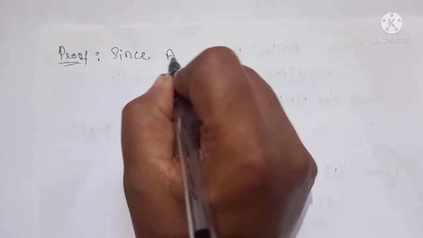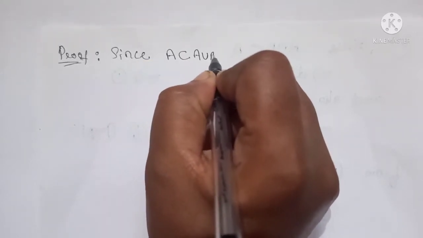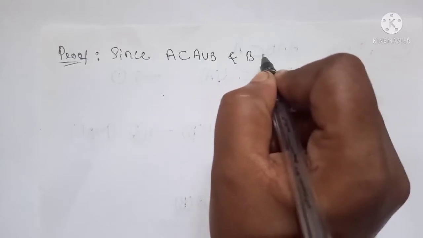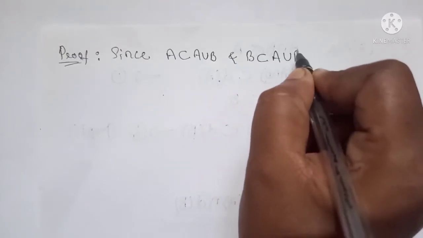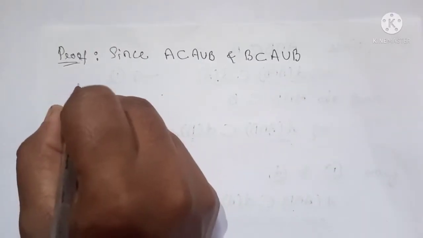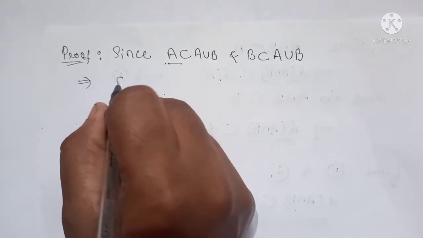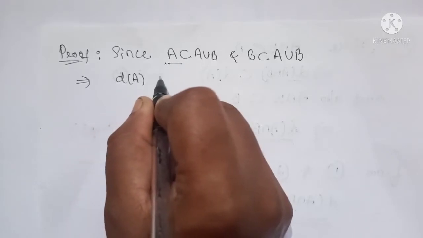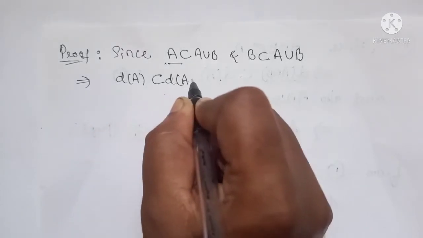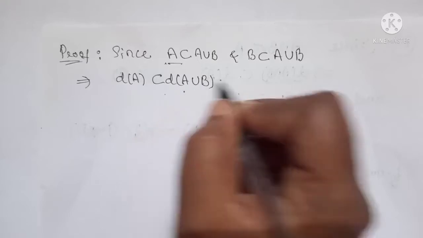Since A is a subset of A union B and B is a subset of A union B, applying the first property, we can write that the derived set of A is a subset of the derived set of A union B. This is by the first property.